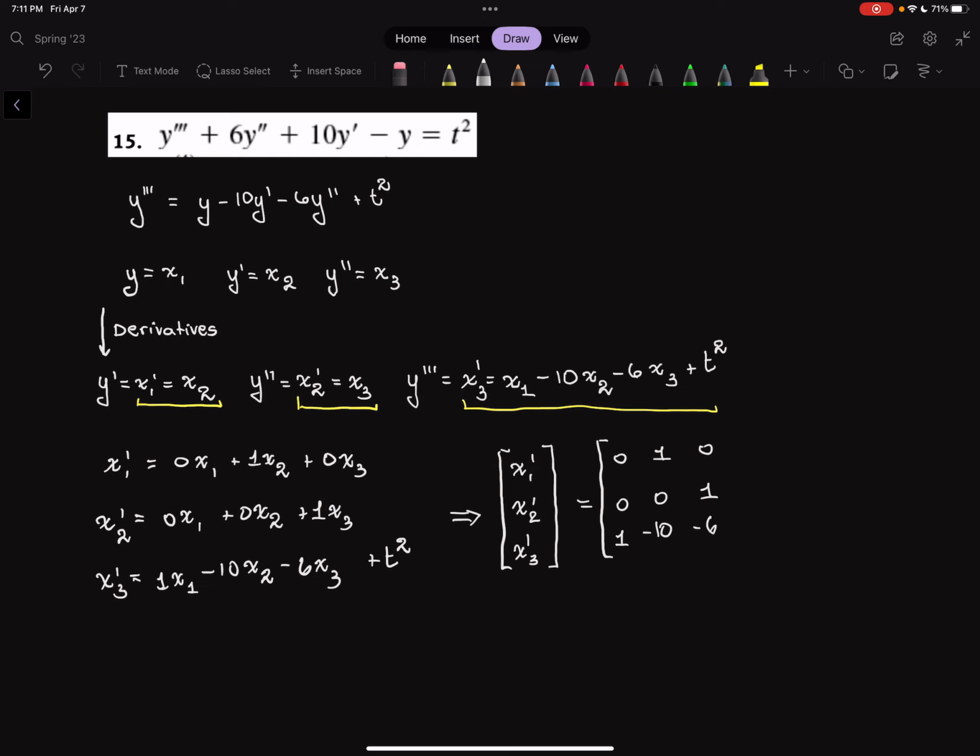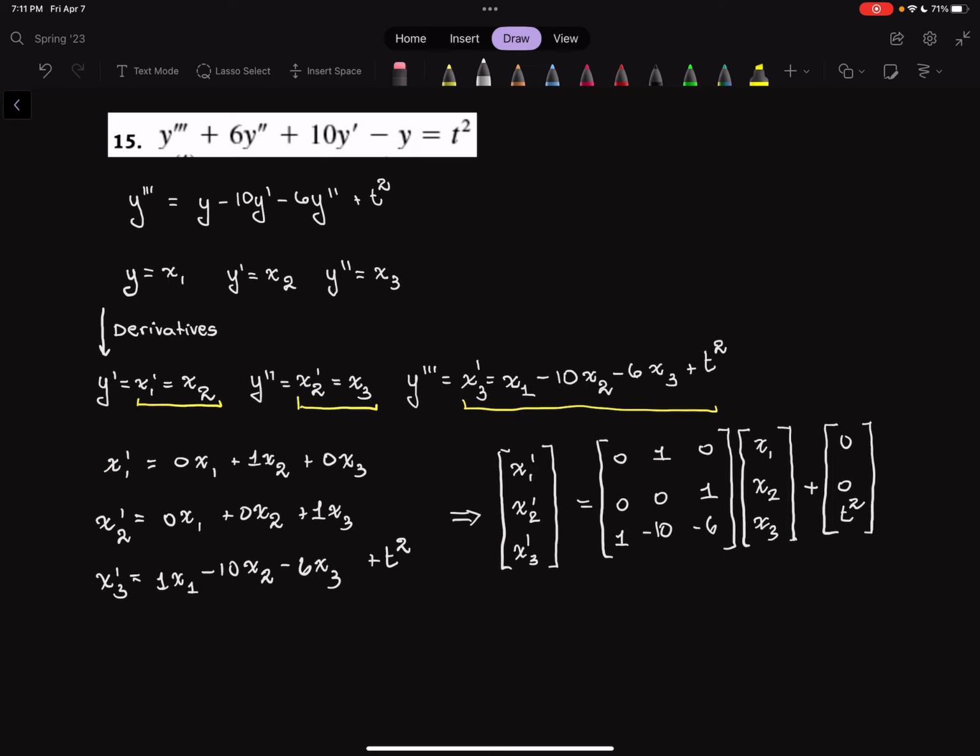See, I can do this because I lined them up properly, so I can pull out the coefficient matrix with ease. And now we have x sub 1, x sub 2, and x sub 3. We close that, and then we add another vector, 0, 0, and t squared. Okay, let's close that, and that's our system.